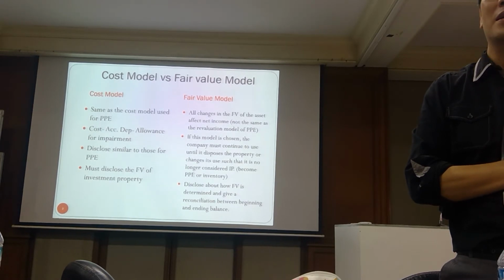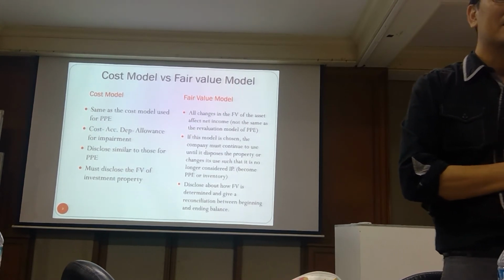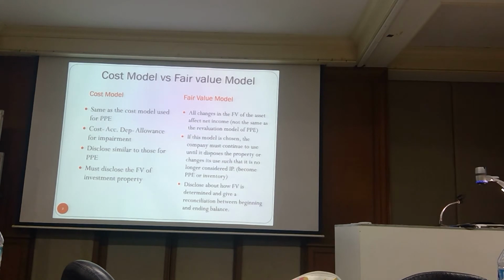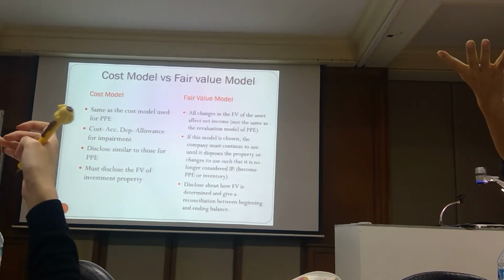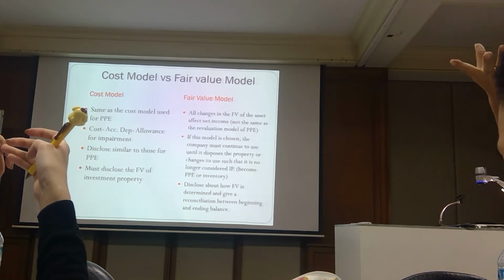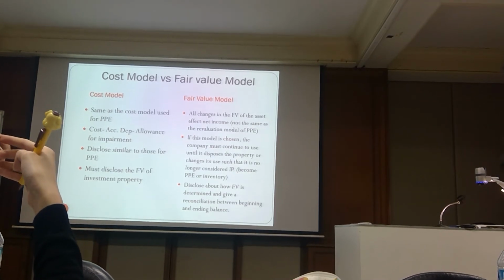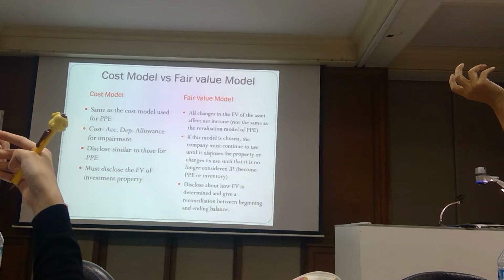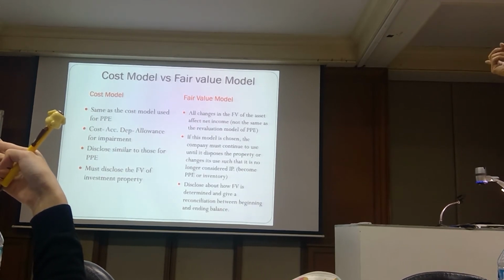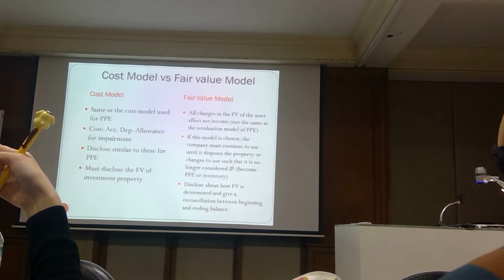You say I got a gain, and where is the gain reported? The accounting standard applies cost, but in your analysis, you apply fair value. So you just use the fair value model in your analysis.